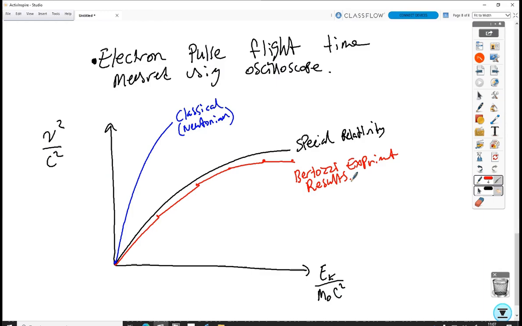There's very little difference. And it followed a similar function, but didn't follow the classical or the Newtonian approximation, showing that special relativity did work experimentally as well. And that's the end of 12.3.5.